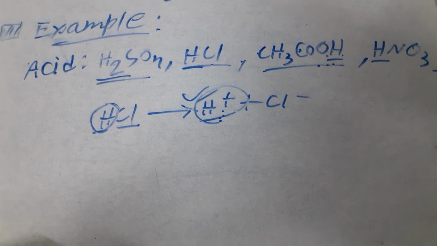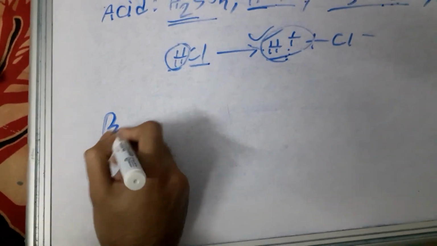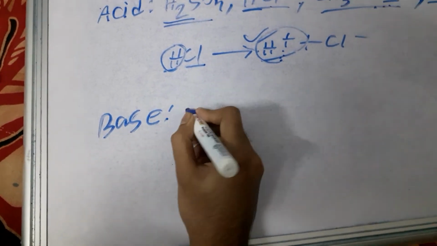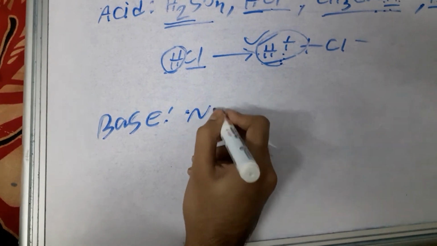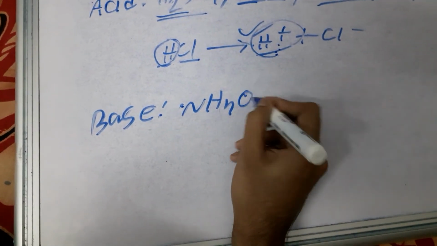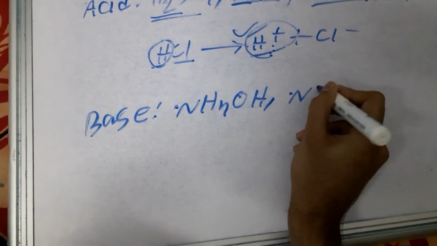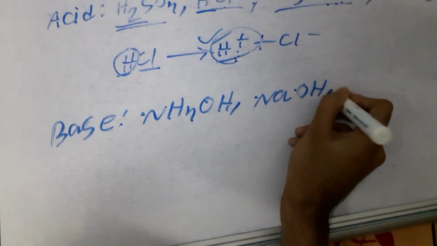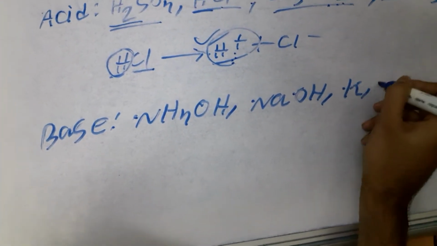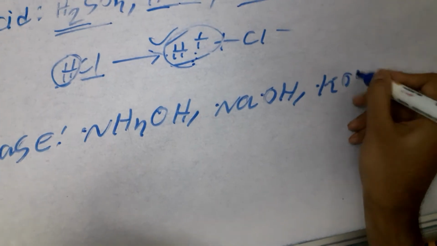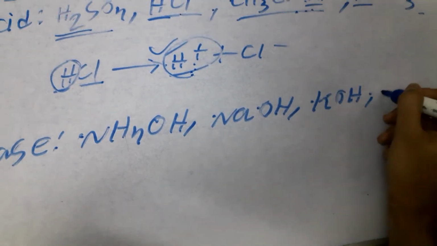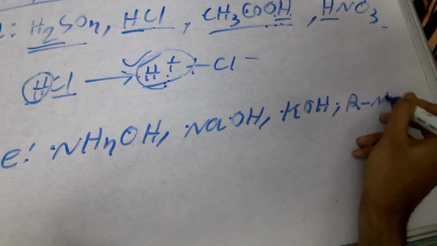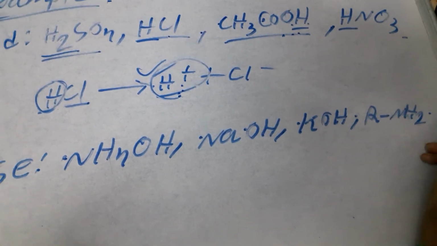Similar examples for base. Some examples of base: NH4OH, NaOH, KOH, RNH2, and many more are possible. Acids also have many more possible.